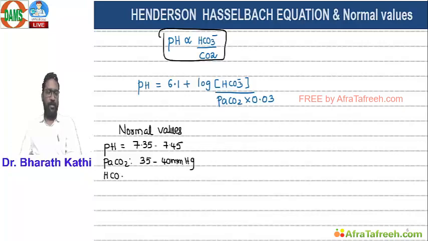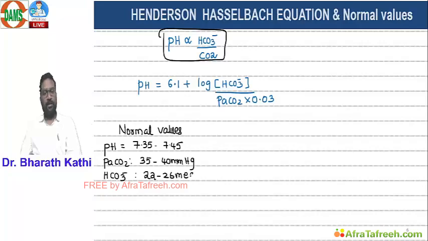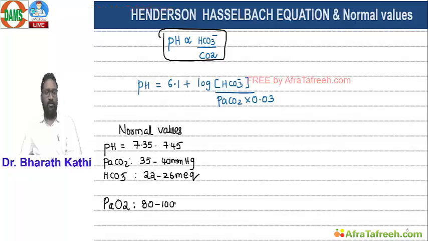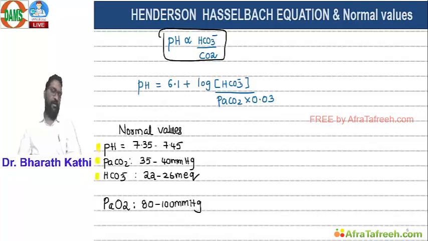Bicarbonate, the normal value is 22 to 26 milliequivalent. Another important value that you should see in ABG is oxygen, PaO2. It is generally 80 to 100 mmHg. But important to assess the acid-base disorder will be these three values: pH, PaCO2 and bicarbonate.